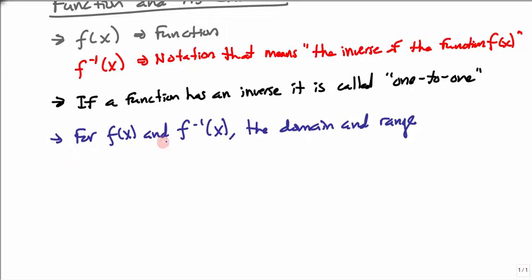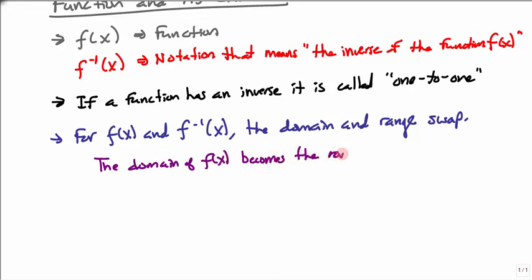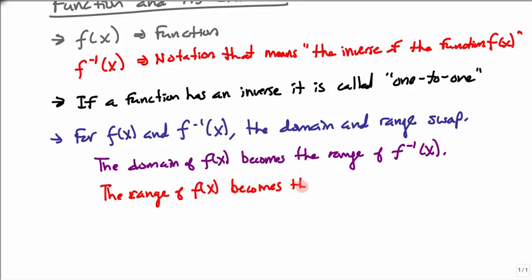So the domain of f of x becomes the range of the inverse. Also, the range of f of x becomes the domain of the inverse. So the domain and the range swap.